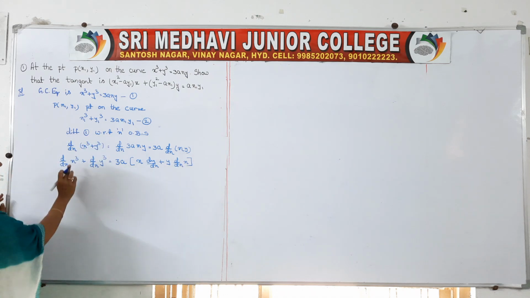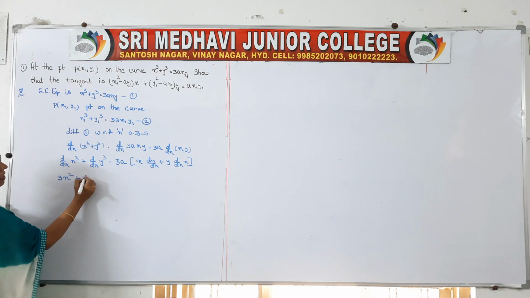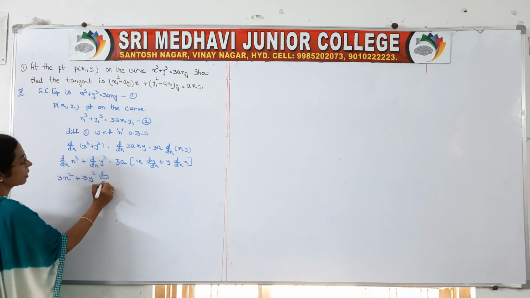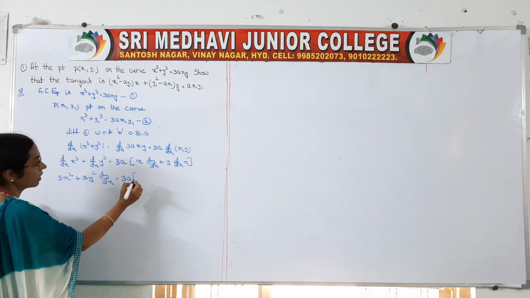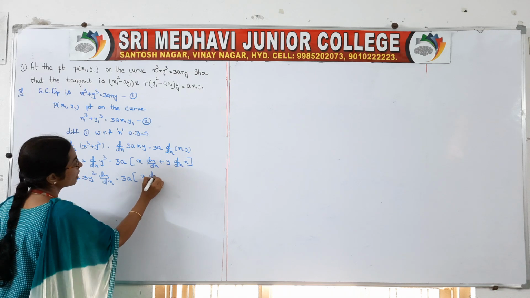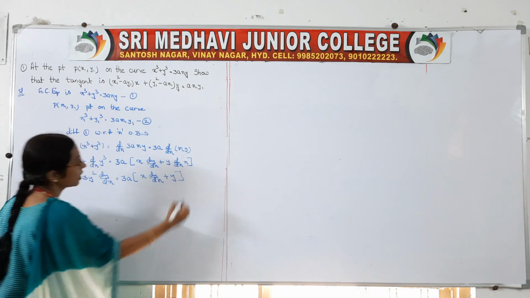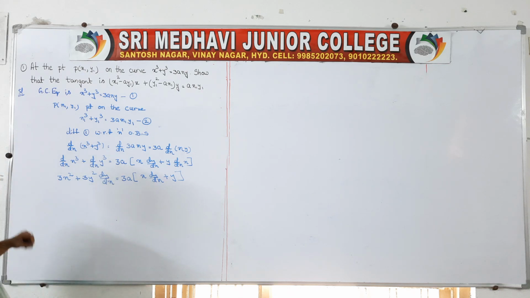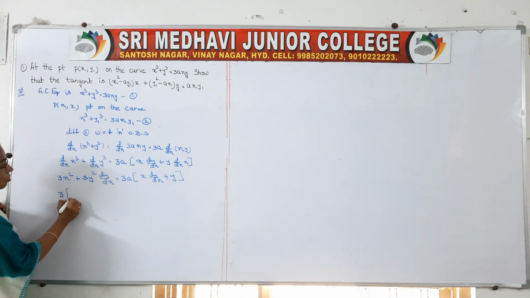Okay, so now this one is 3x square and this one is 3y square dy by dx is equal to 3a into x dy by dx plus y. d by dx of x is 1. So from this you take 3 outside.